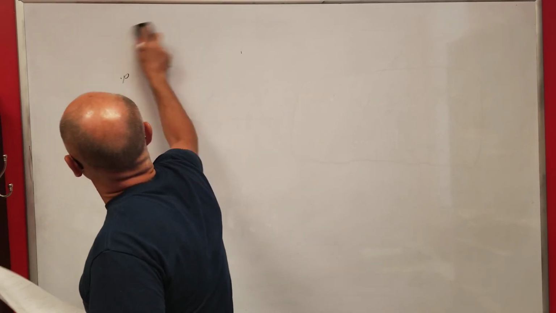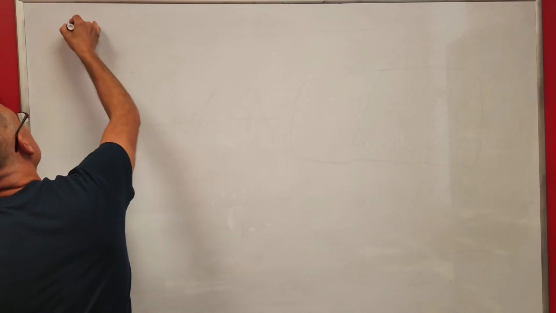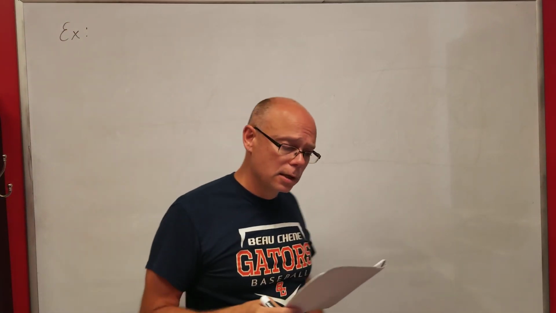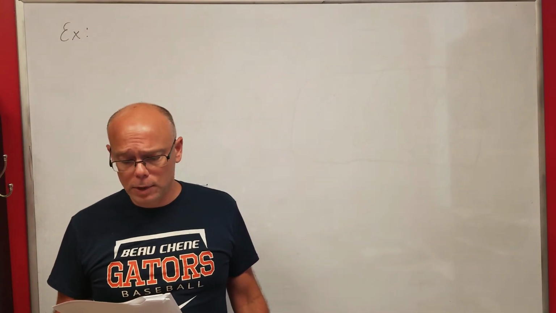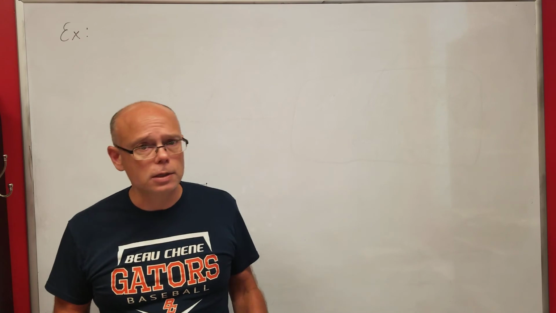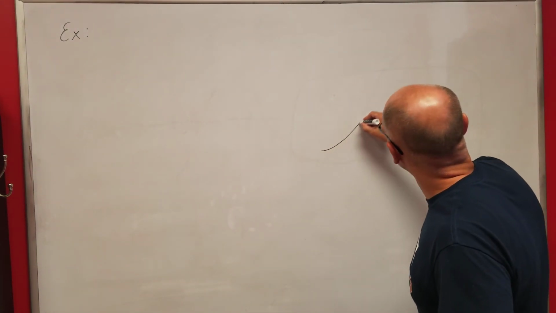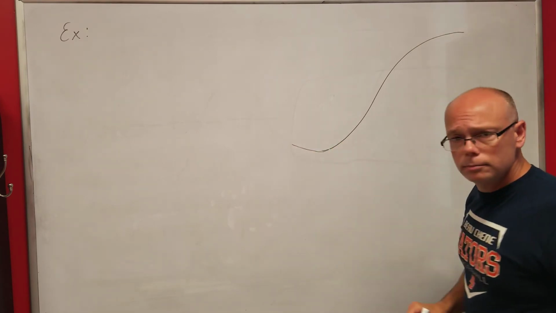All right, so in our notes, if we go to the next example, actually right before the example it says, the point on f at which f changes from concave up to concave down or vice versa is called an inflection point. So what does that mean? Let's suppose you have a curve that does something like this, okay?